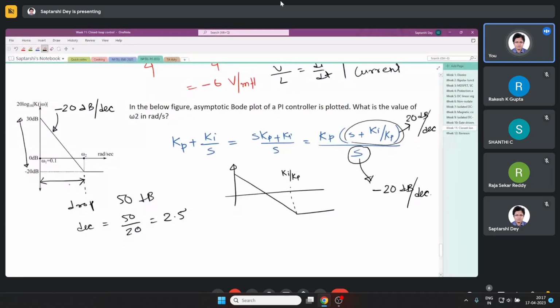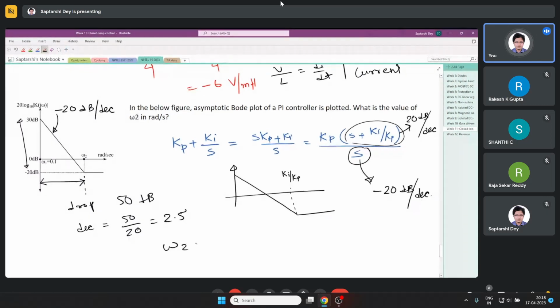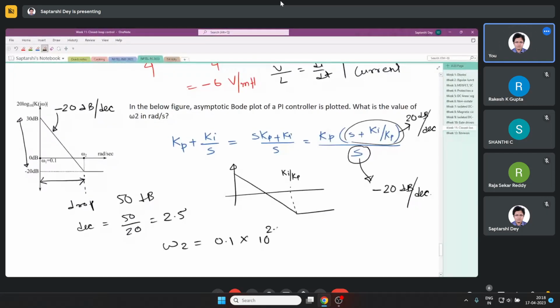If it is 1 decade, we multiply by 10. If it is 2 decades, multiply by 10 squared. So if it is 2.5 decades, then omega 2 should be 0.1 times 10 to the power 2.5.